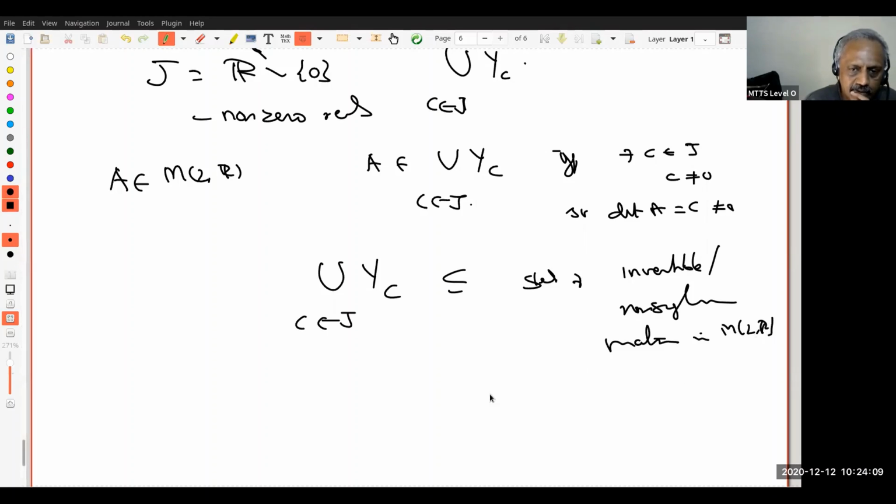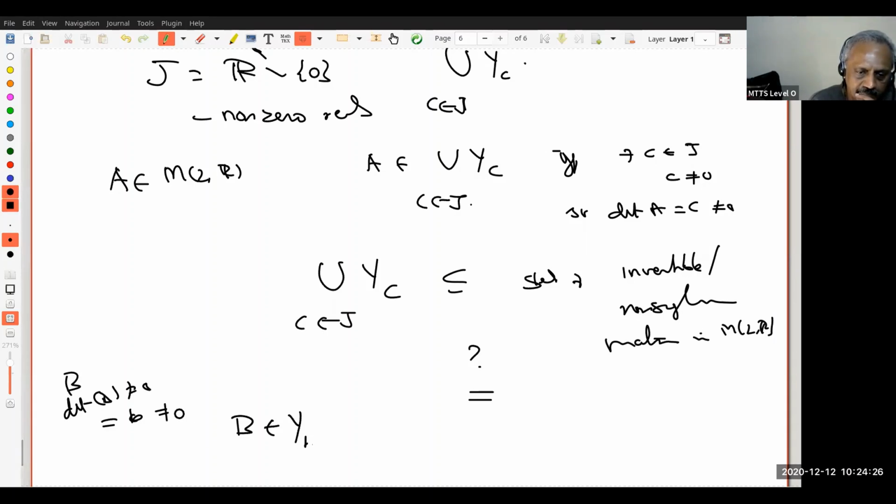Now I want to know whether it is equal. But that's very easy. Suppose B is a matrix such that the determinant of B is not equal to 0. Call this C of B. Then B is not equal to 0, so my capital B belongs to Y of B, and B belongs to J. That means B belongs to this union. You understand? That's for equality, of course.